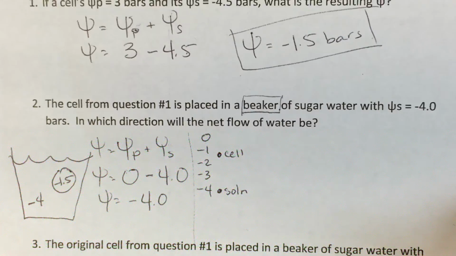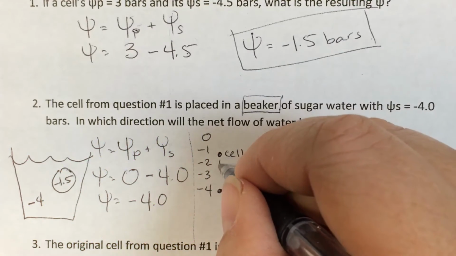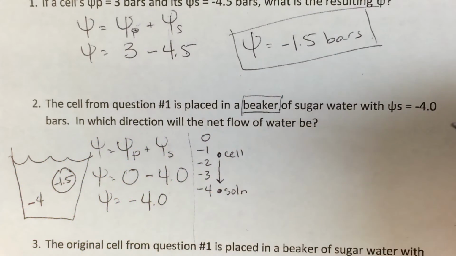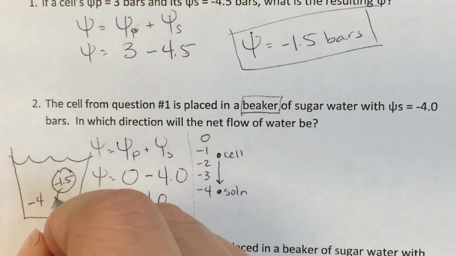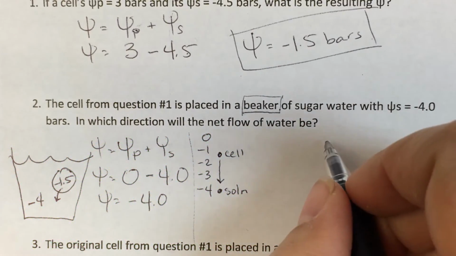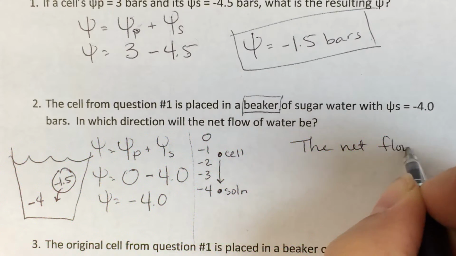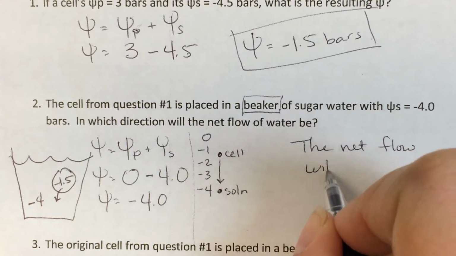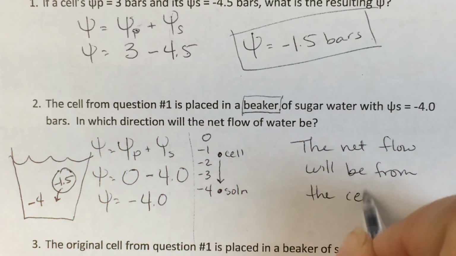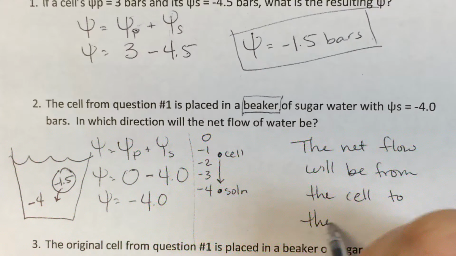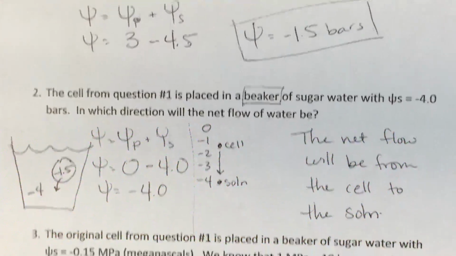If you've ever poured water out, it'd be very rare to see water travel uphill. Water will always travel down. So in this case, it's going from my cell to my solution, so we'll see a net flow of water out of the cell. We would say the net flow will be from the cell to the solution, and I abbreviate that SOLN.